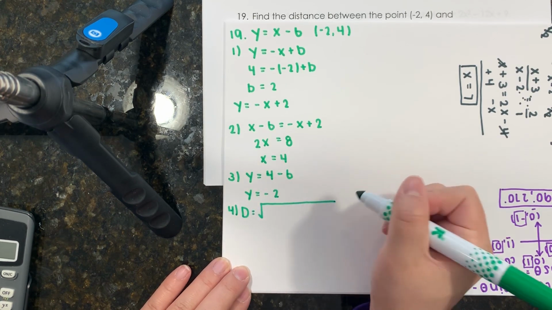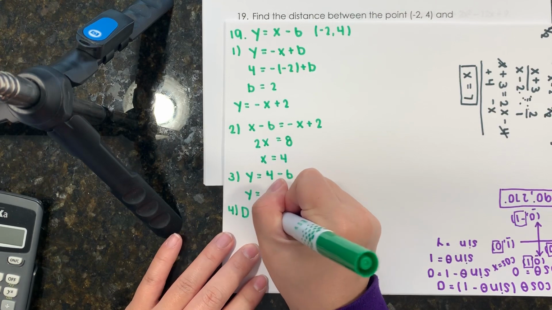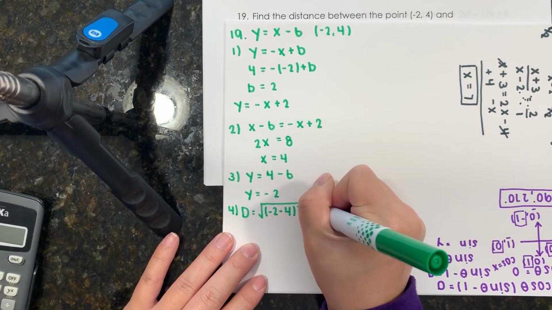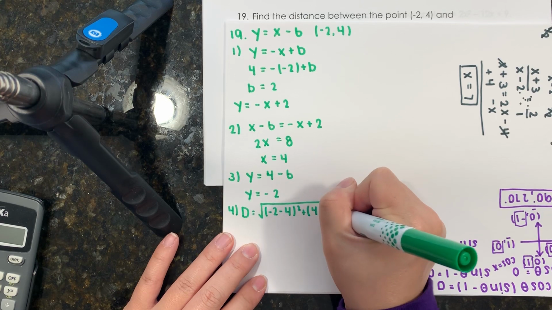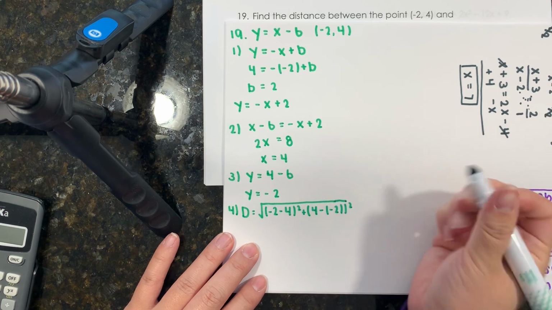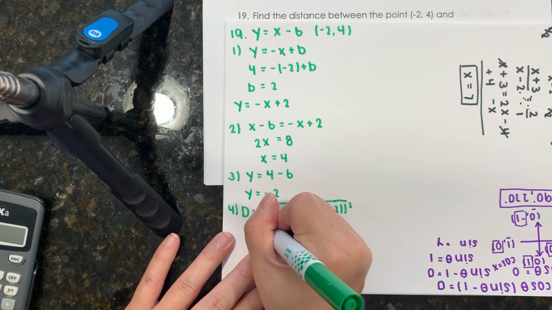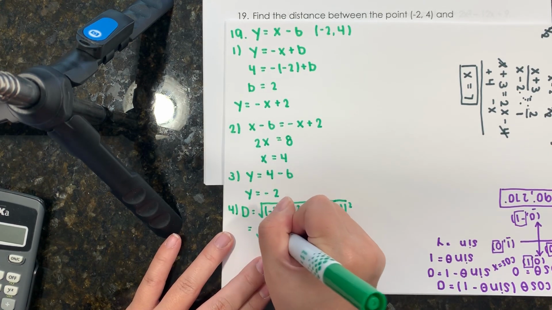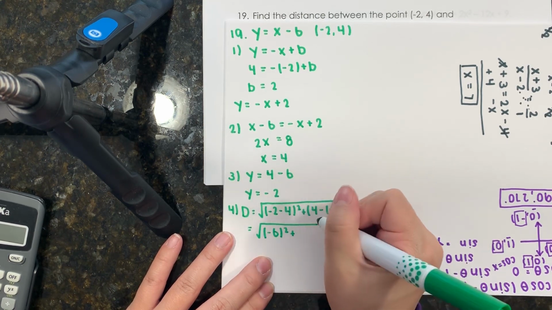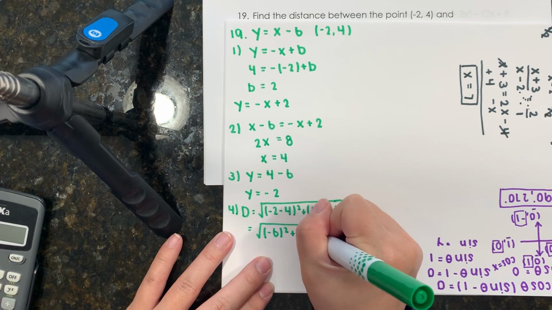That would be the square root of x1, which is negative 2, minus x2, squared, plus y1, which is 4, minus y2, which is negative 2, squared. So that would give us negative 6 squared plus, 4 plus 2 is also 6, so 6 squared.